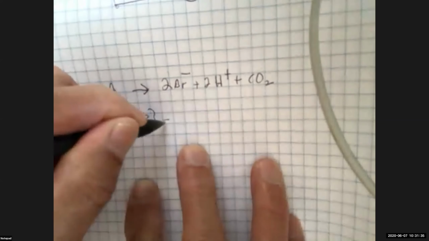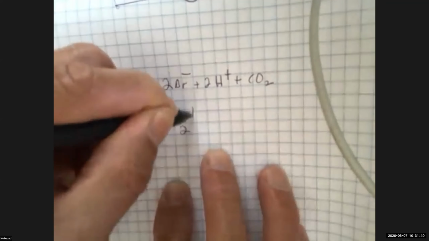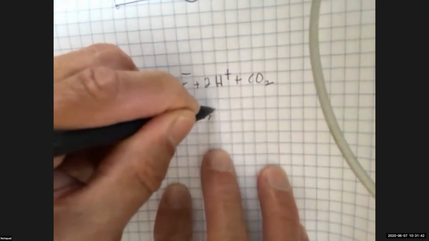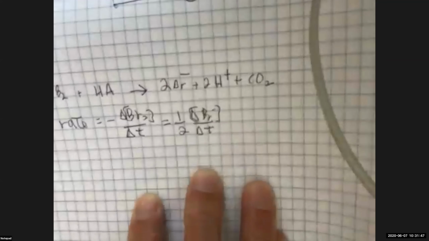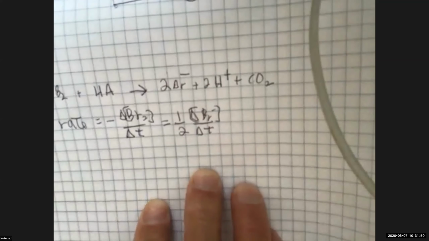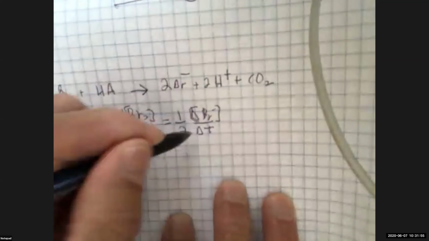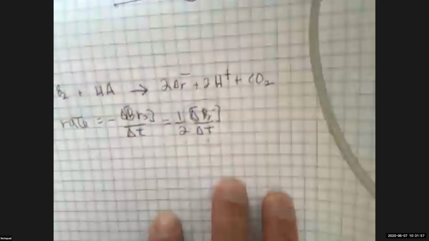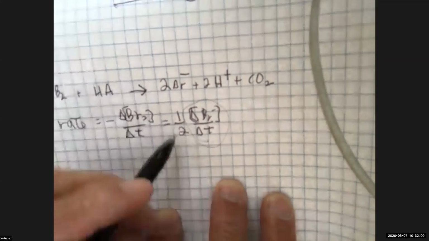So the rate of the bromide ion is going to be 1 over 2 times the change in Br minus over the change in time. So if we want to know the rate of the bromide ion, it's the delta Br minus concentration over the delta T. So we have to relate that to the rate of bromine if we want to know the rate of the bromide ion. So let's rearrange this equation.